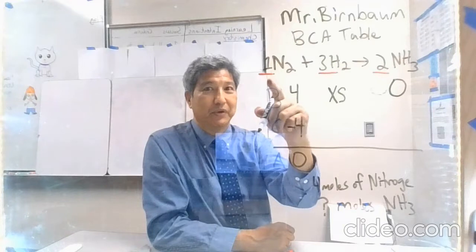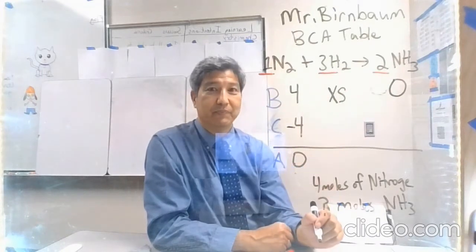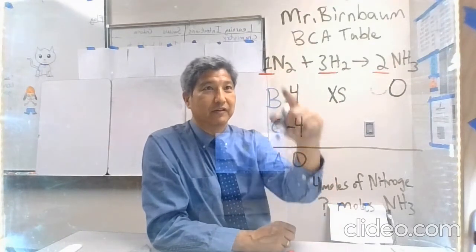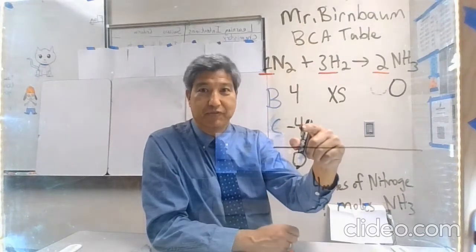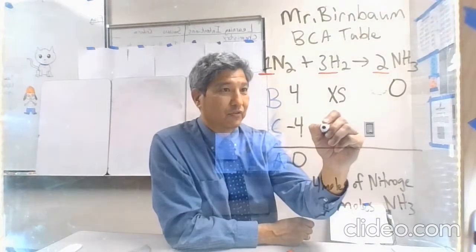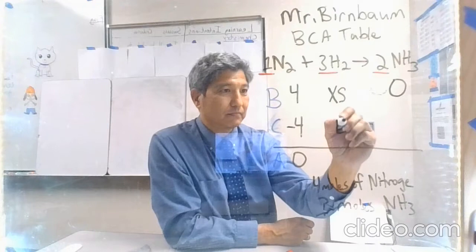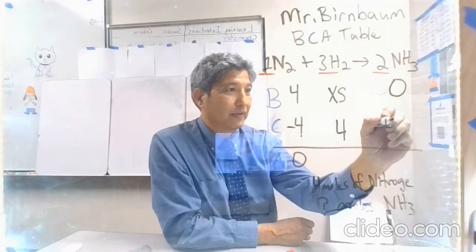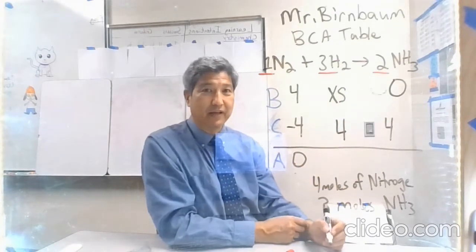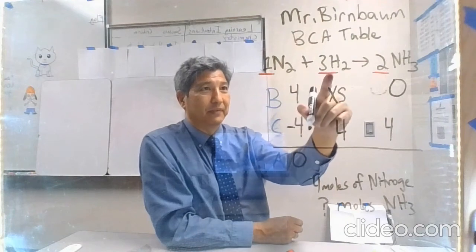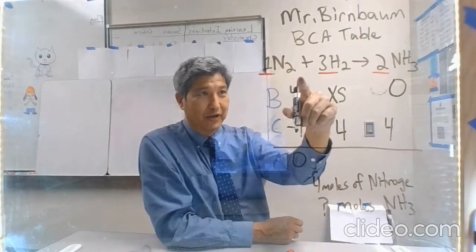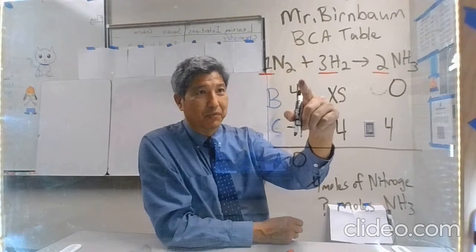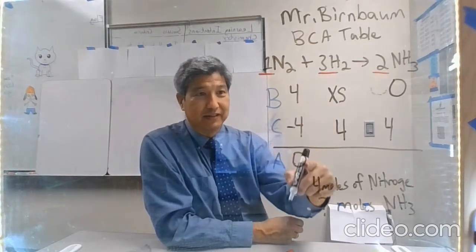So as I mentioned, we have these ratios, 1 to 3 to 2. So now we're saying this 1 is actually going to be a 4. So I'm going to carry this 4 across. And the next thing I'm going to look at is, well, as my reaction goes forward, my reactant is going to decrease.